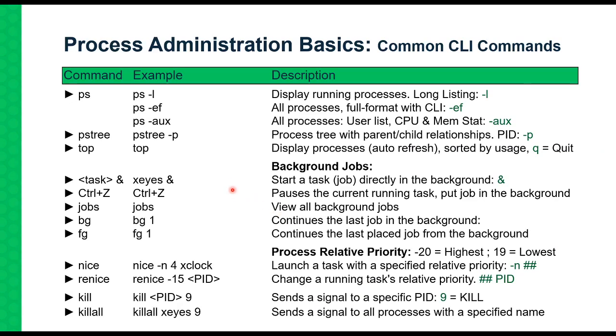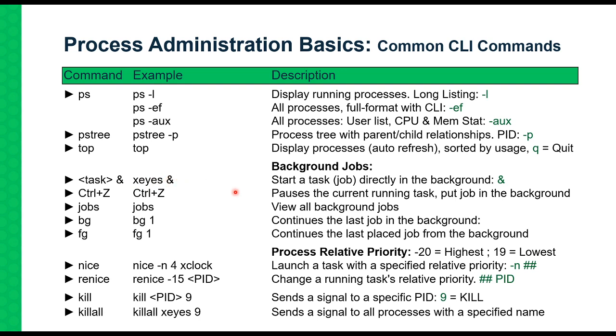So now we look at the background jobs. We can start a task, also known as a job, directly in the background by using the ampersand. So the format will be our task, space, ampersand. In our exercise, we will be running xeyes space ampersand.